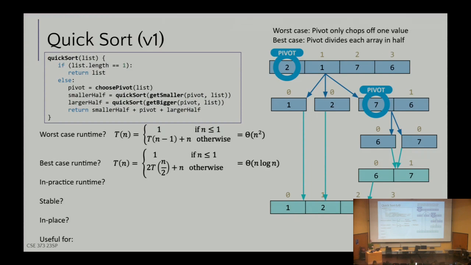And so if we split the list perfectly in half at each level of recursion, that's going to cause us to have the smallest number of recursions. If we only do n minus 1, we have to recurse a lot to get down to a list of size 1, right? So the best case for quicksort is n log n. The worst case is n squared.